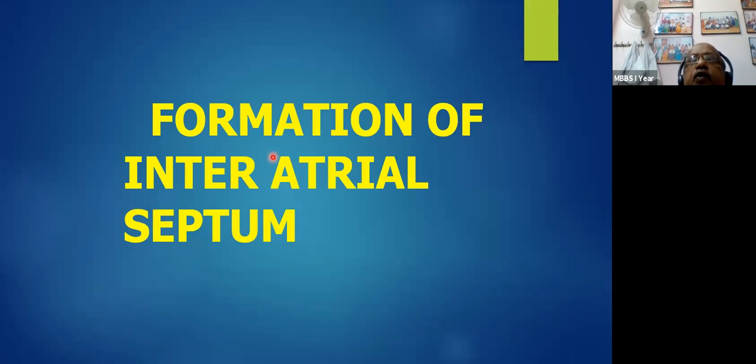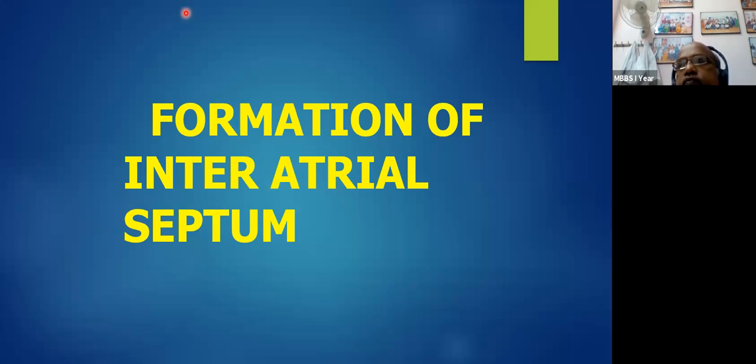So now we will see about the formation of the interatrial septum. This is important, how that interatrial septum is formed. You already studied the gross anatomy of the right atrium: anterior rough part, posterior smooth part, then you studied about the septal wall. Can anyone explain what are all the features of the septal wall?